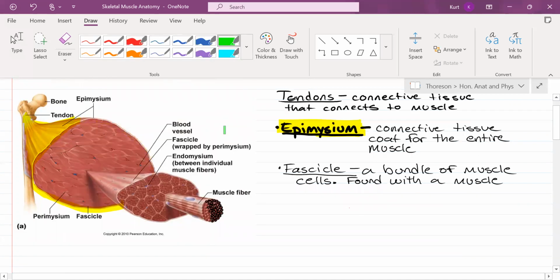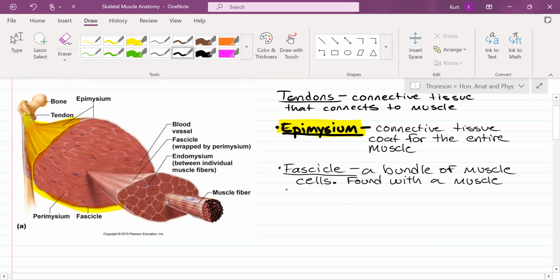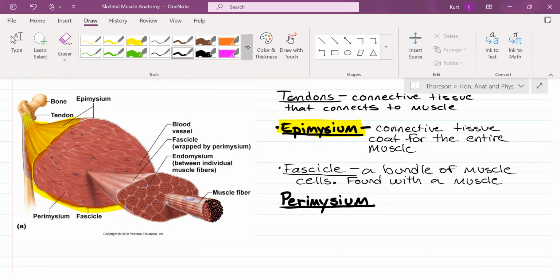Scout, according to your diagram, what is the coating of an individual fascicle called? Perimysium. Okay, I will highlight the perimysium green.